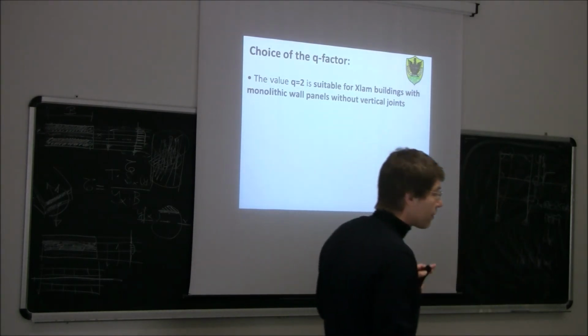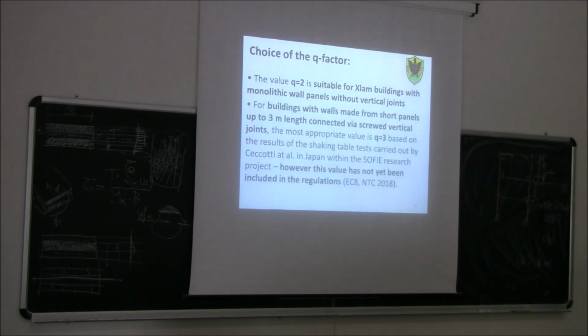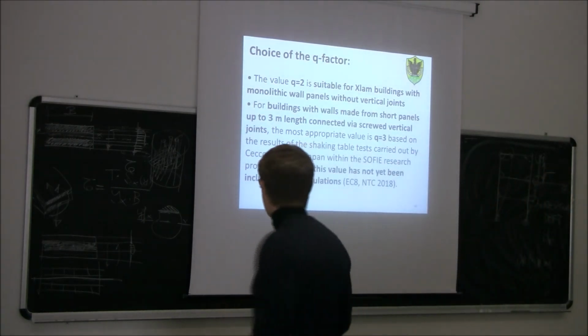For the X-lam structure, for this value, we have quite a significant scientific research being carried out in order to find the value of the behavior factor. And we found basically that the q factor of 2 is suitable for X-lam buildings with monolithic walls without vertical joints.